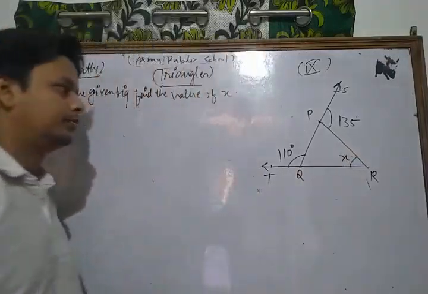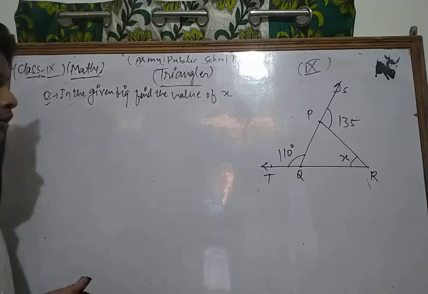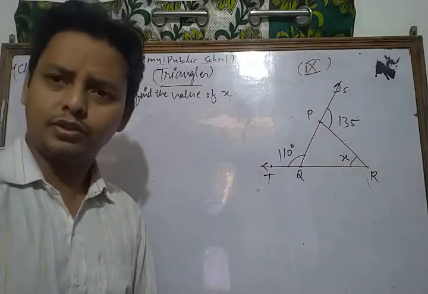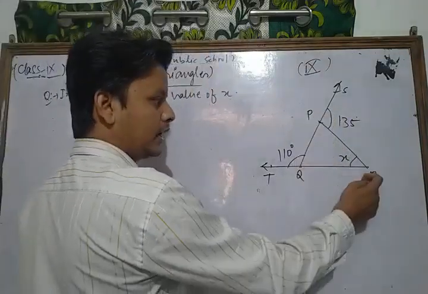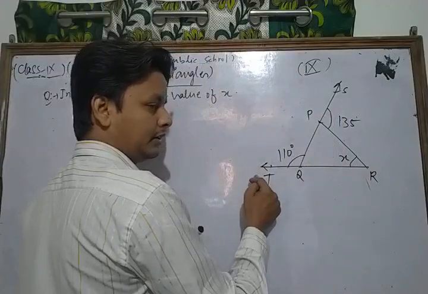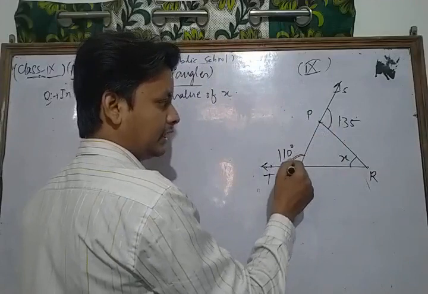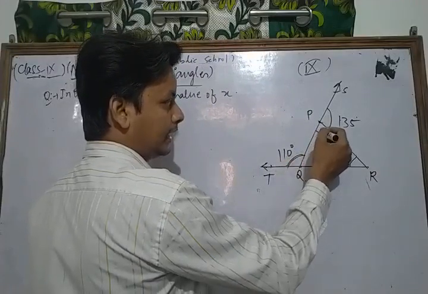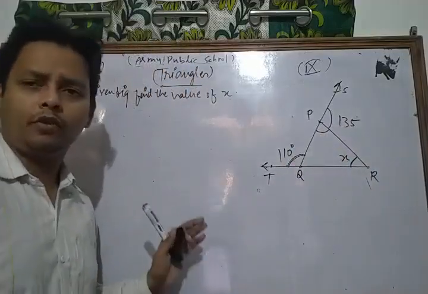Now dear student, in that figure we find the value of x. First of all, let's see the figure here. The triangle PQR and its side QR is produced to T. Then angle PRT is an exterior angle formed, and that angle is equal to the sum of its two opposite interior angles P and Q. This is the property for exterior angle.